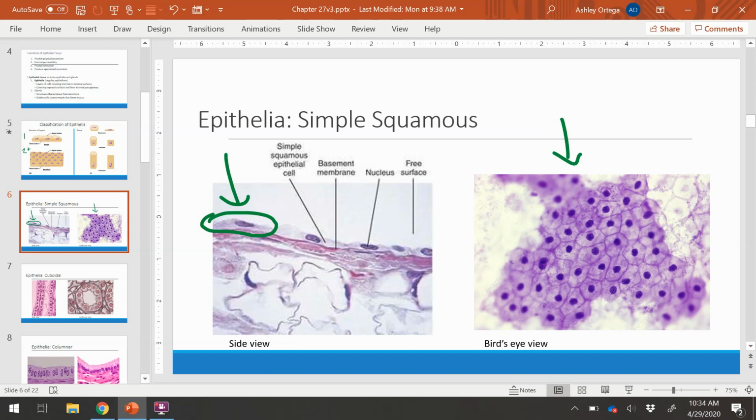It can be a little bit difficult to determine if this was squamous or cuboidal from this view, but knowing that it is a bird's eye view, you can imagine flat, tile-like cells all next to each other. That's what you're seeing here. It can be difficult in terms of which view, and that's why I will label those views for you to help prevent confusion.